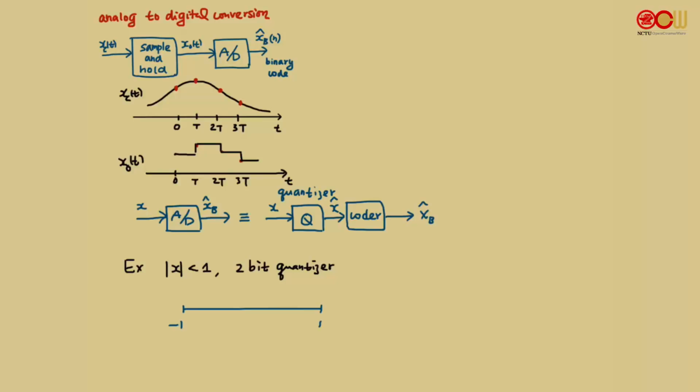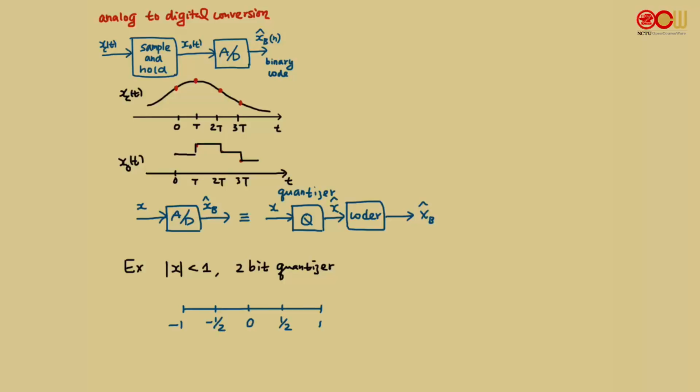Suppose this is the interval from -1 to 1, the range of x, and we only have 4 choices to represent x. So one possibility is to divide it into 4 cells or 4 intervals. This would be 0, this would be half, and this would be -half.